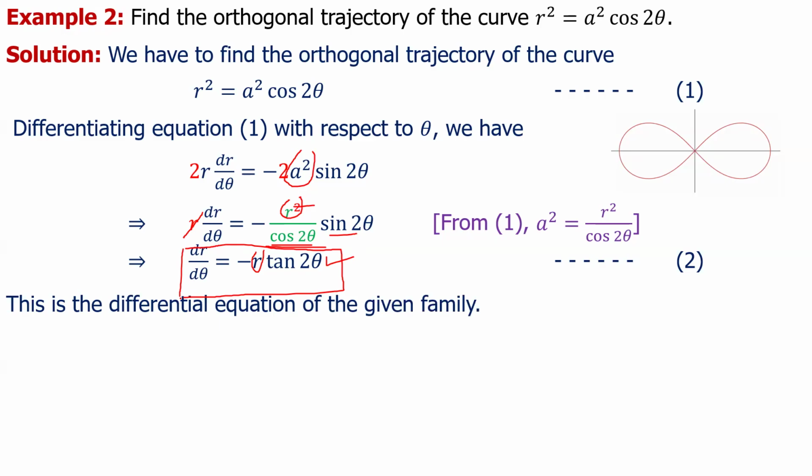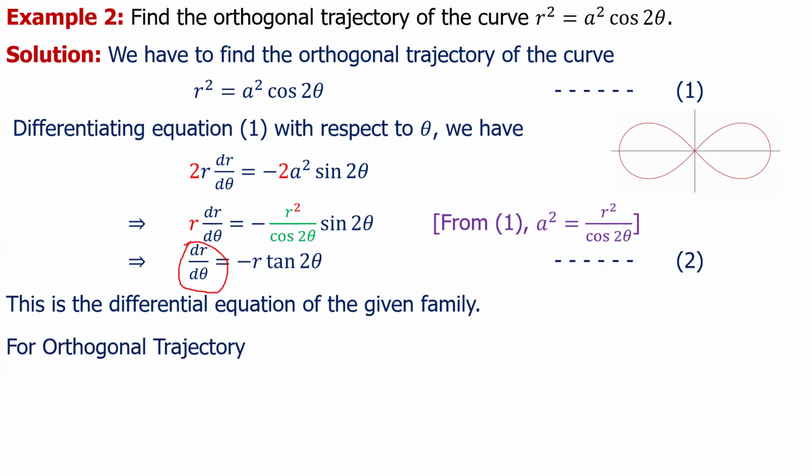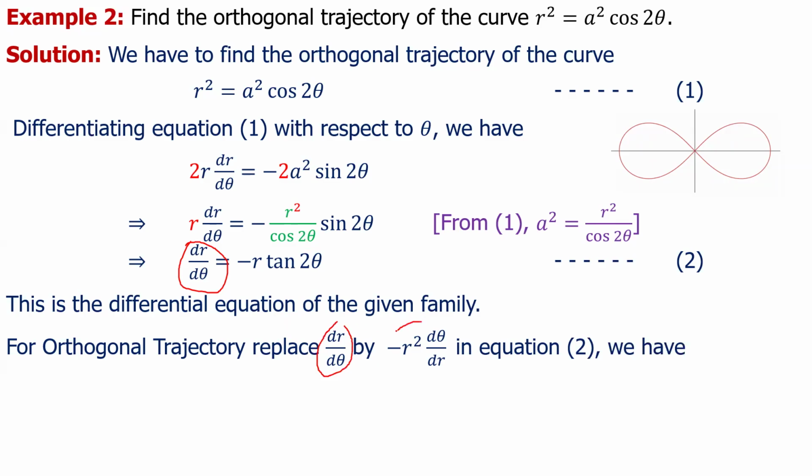Now if you want to find its orthogonal trajectory, then this dr d theta should be replaced by minus r square d theta dr. So let us replace it. We get minus r square d theta dr, and the right hand side is minus r tan 2 theta.